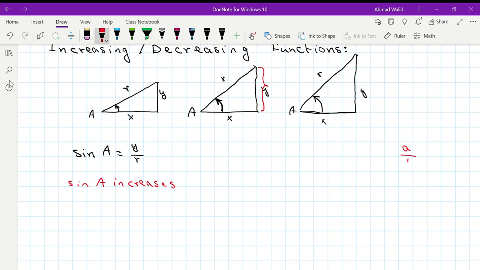If I have A over B, as the numerator gets bigger and bigger, the outcome is growing bigger and bigger. Your denominator, which is B, is actually here X. Correct? Now, I will write the second relation. Cosine of A decreases.